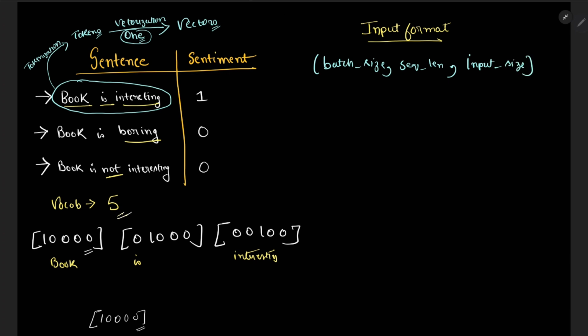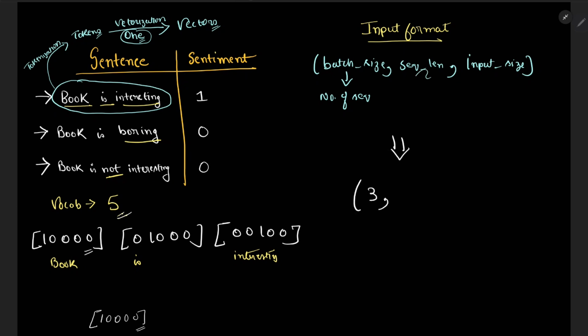So now what is the batch size? Batch size will be the number of sequences or the number of sentences present in our entire corpus. So how many sentences are there? 1, 2, 3. 3 sentences are there. So the batch size will be 3.